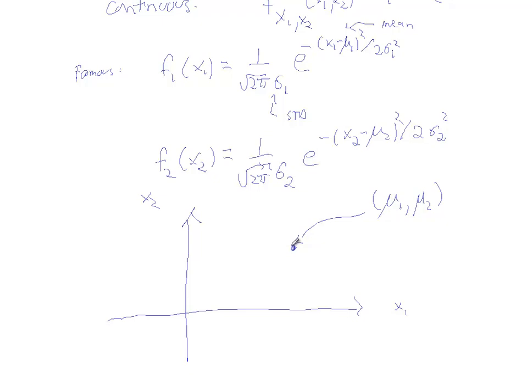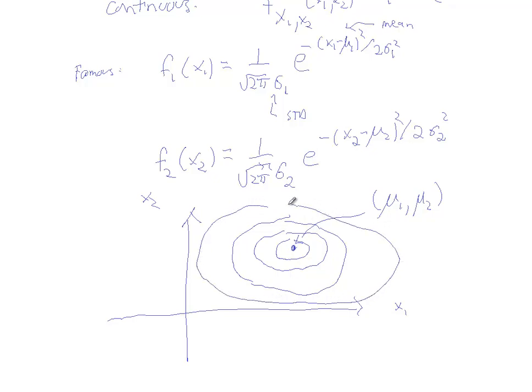And then around that, the contour lines, the lines of constant probability density, will look something like this. There'll be ellipses like this. Kind of like a mountain. Okay, and I draw ellipses.